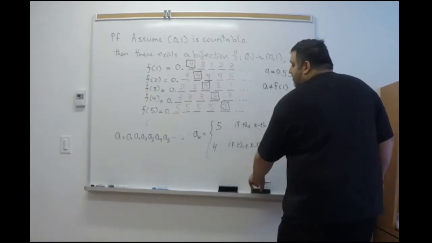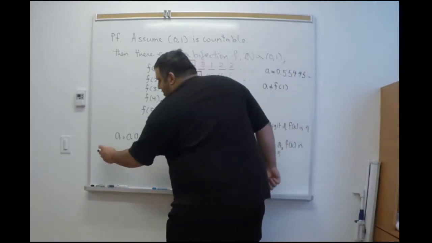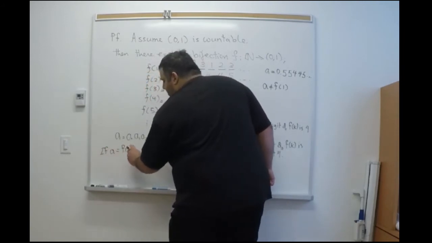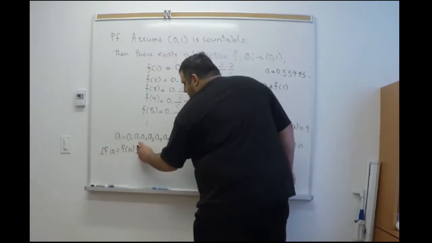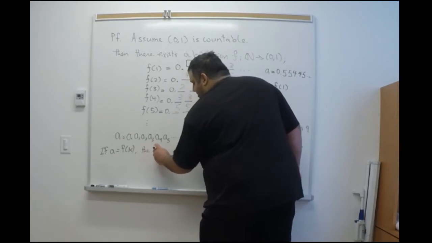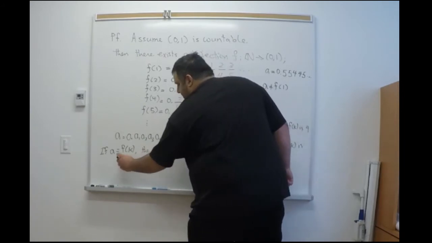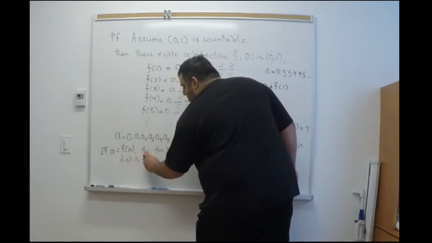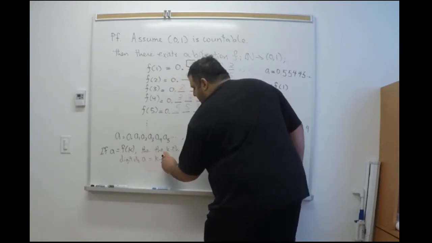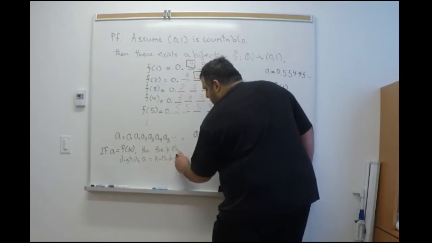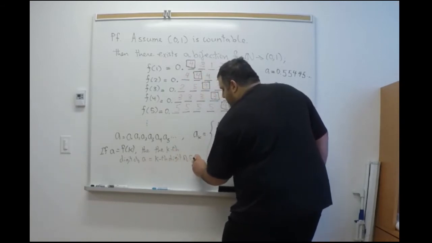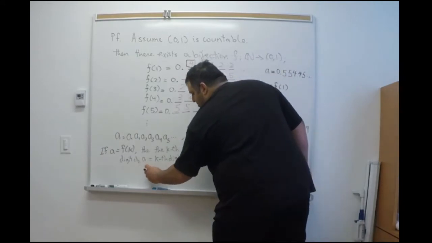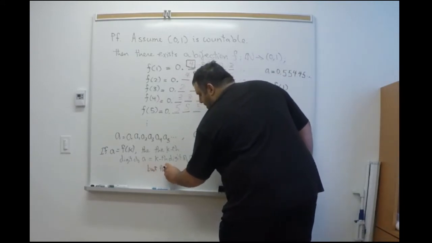In particular, if A was equal to f of k, then the kth digit of A would equal the kth digit of f of k. But this is impossible.